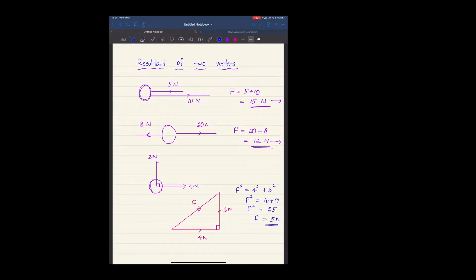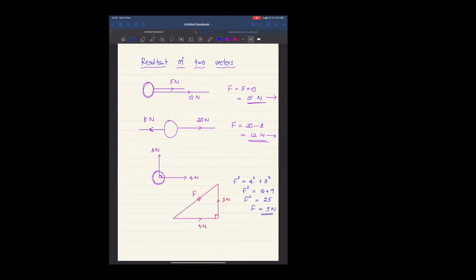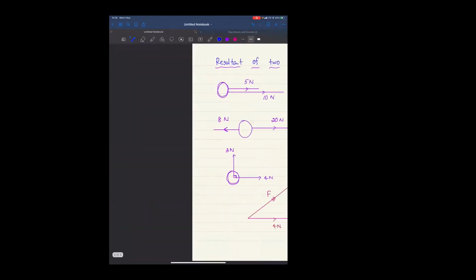So your subtopic was resultant of two vectors, right? Guys, write under that another subtopic: resultant of two vectors when they are perpendicular.